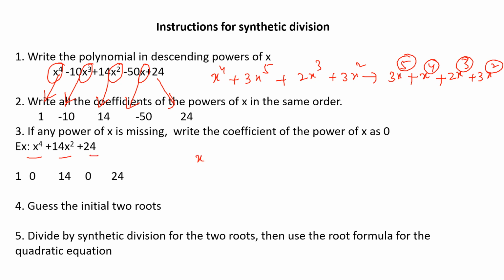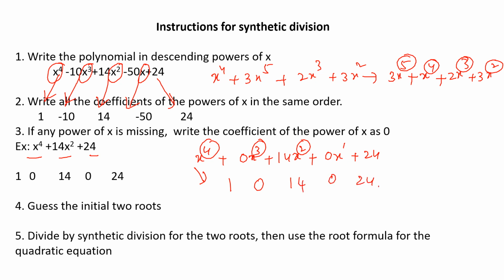So we don't have x cube, so we will write 0x cube. And we have x square, but we don't have an x term, so we will write 0x and then the constant. Now this is in proper descending order with consecutive powers 4, 3, 2, 1 and then the constant. Now you will write the coefficients in the same order: 1, 0, 14, 0, 24.